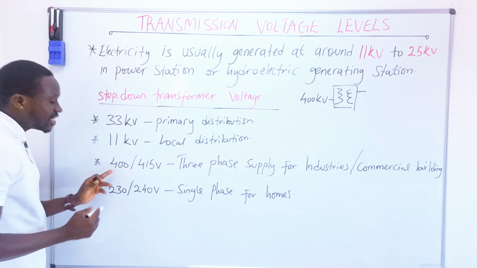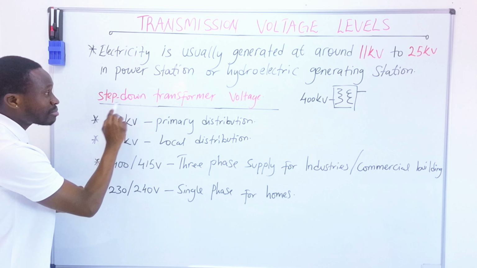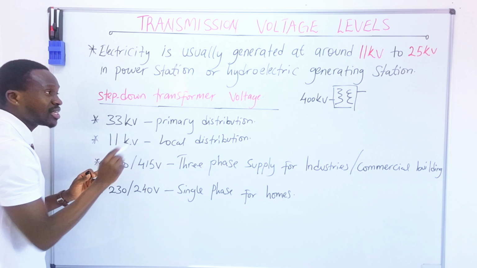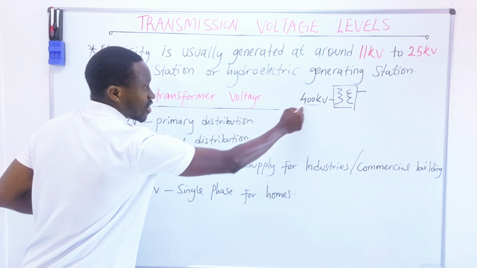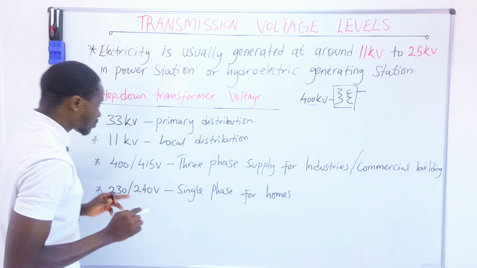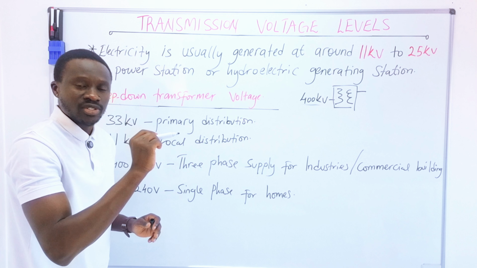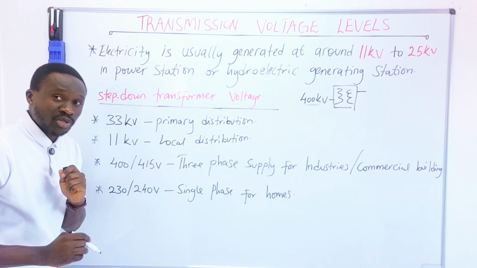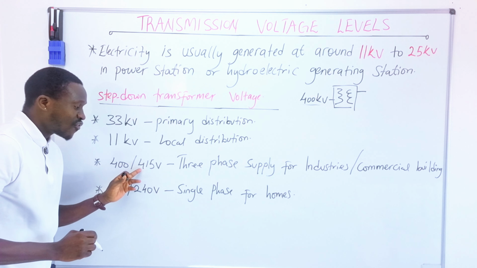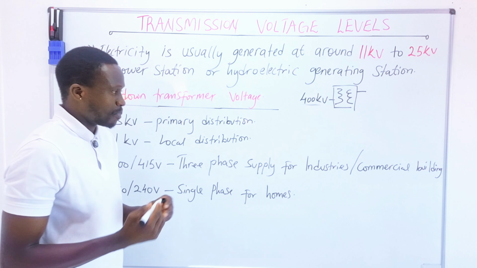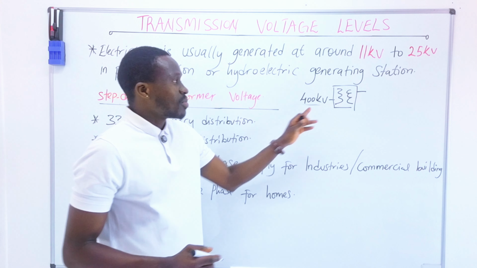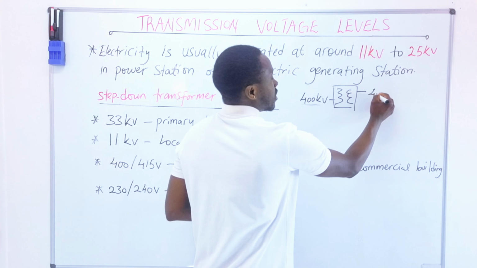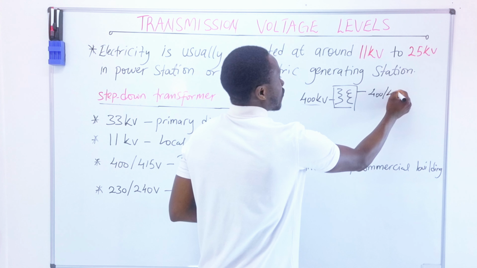Then again the same step down transformer will step down the high voltage, the 400,000 volts, to 400 volts or 415 volts. This transformer will step down to 400 or 415.